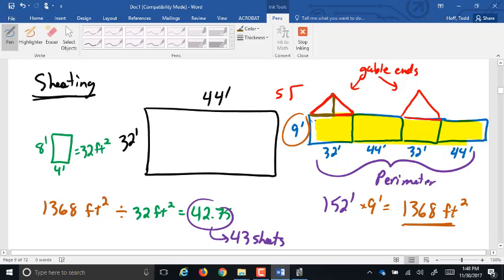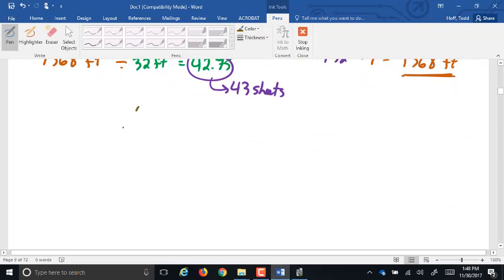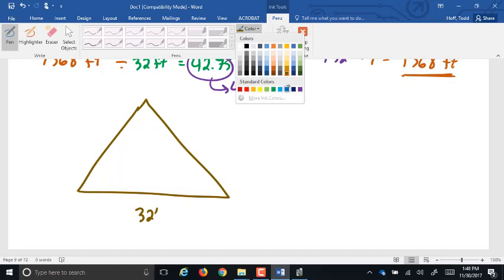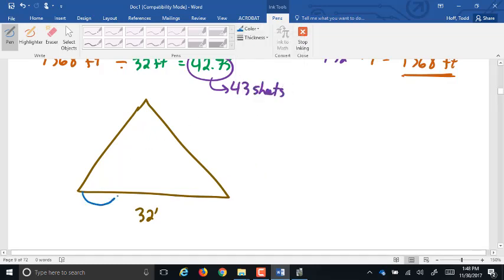How many feet of run do we have? Half of the 32 would be 16 feet. So if I have a run of 16 feet here, that height is going to be 16 feet times 5 inches per foot, or 80 inches.